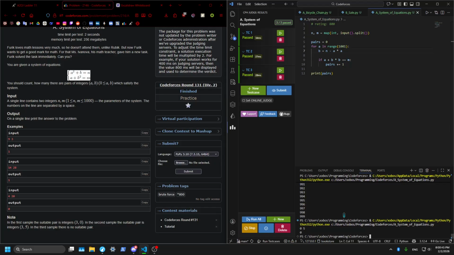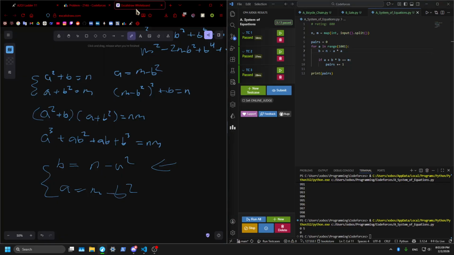There's 0 pairs. Or if N is 0, B is 5, then A, or M is 5.